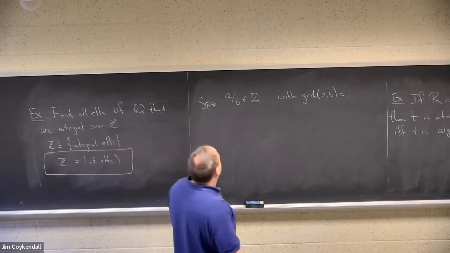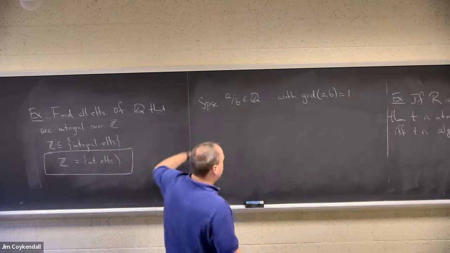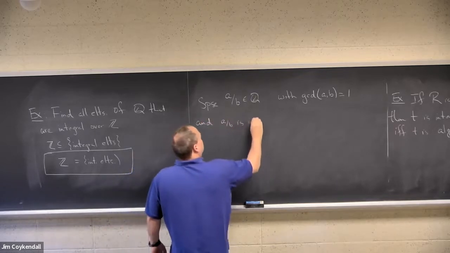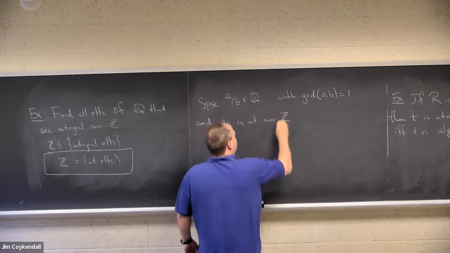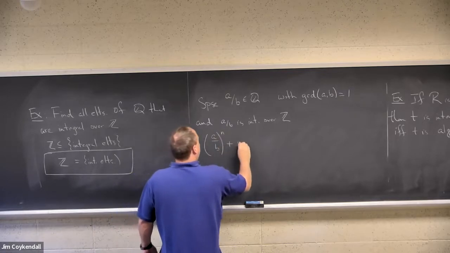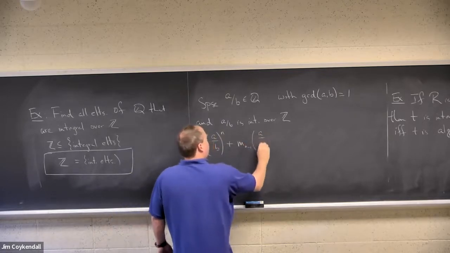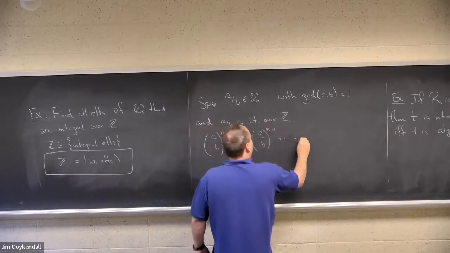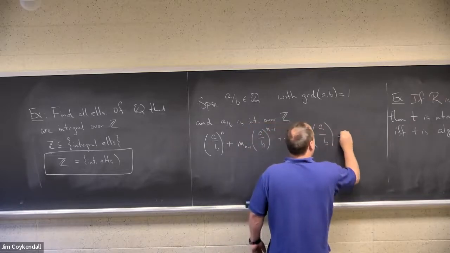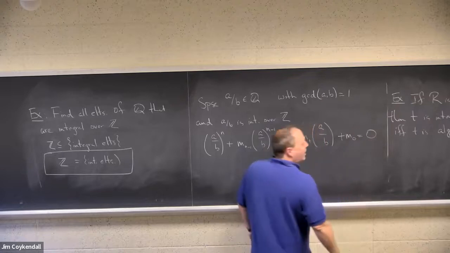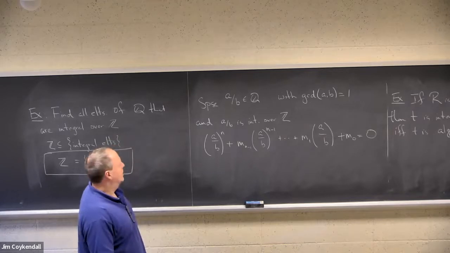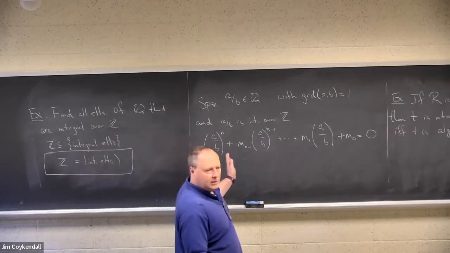So suppose GCD of a, b is 1, and this is integral, well, this means that (a/b)^n plus m sub n minus 1 times (a/b)^(n-1), up to m sub 1 times a/b plus m sub 0, equals 0, with all the m_i's in Z. I hate fractions, so let's clear the denominator.